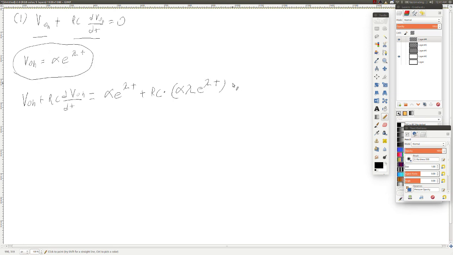And all of this is equal to 0. Now, let's pull out alpha e to the lambda t. What this will give us is 1 plus lambda RC.